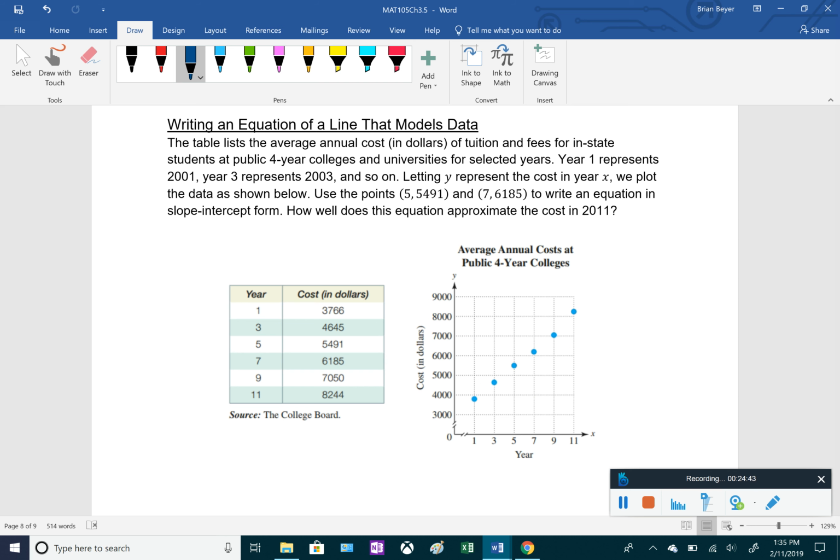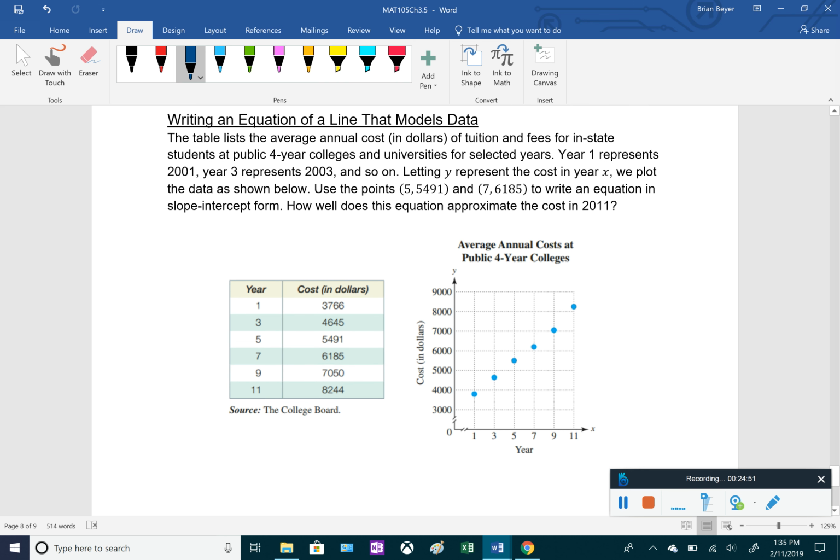We have the data plotted on this graph to the right. X-axis, years, y-axis, money. And let's use the point 5, 5,491. So let's find that point. That's this point right here. So year 5 represents 2005. In 2005, it says that the average cost was $5,491.